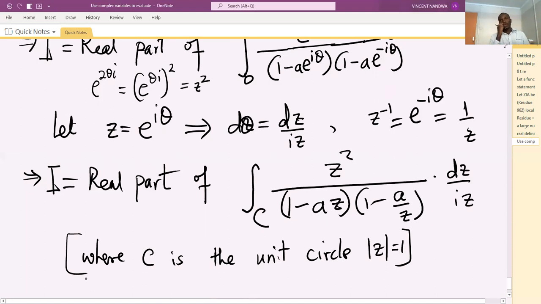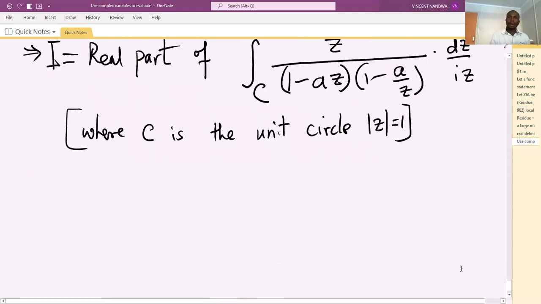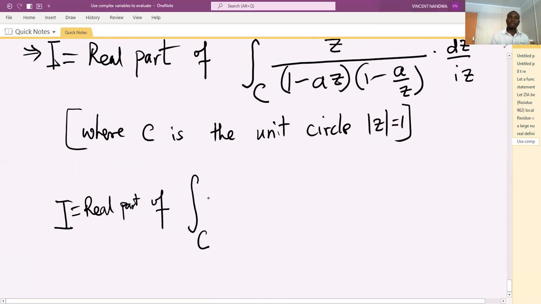Good. So with this, we can have the integral. Our I is the real part of this integral, z squared.